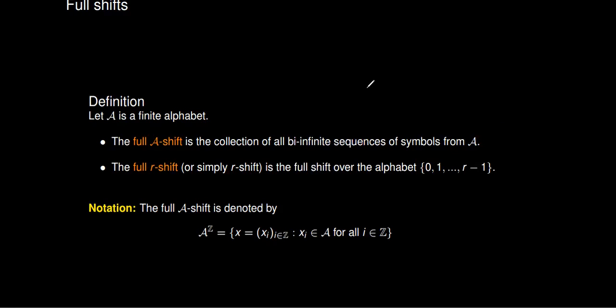As a remark, we can say that if the cardinality of your alphabet is R, you can find a bijective map, or bijection, between this shift and a full shift.